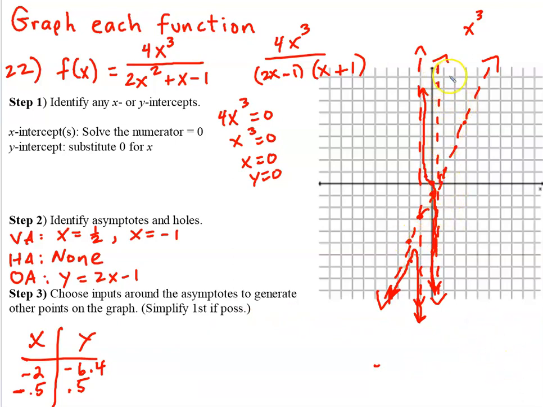And so let's see about to the right of this vertical asymptote. So let's do input 1. That should be pretty easy. 4 over 2 plus 1 is 3, minus 1 is 2. So input 1 gives me an output of 2.